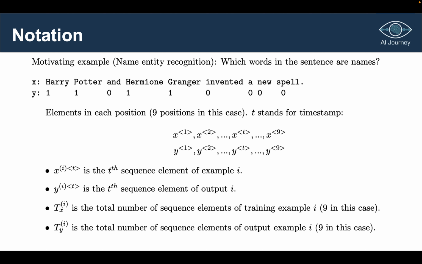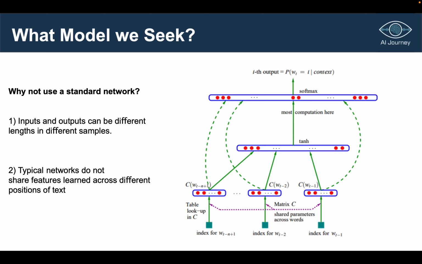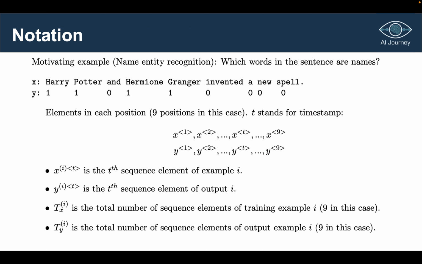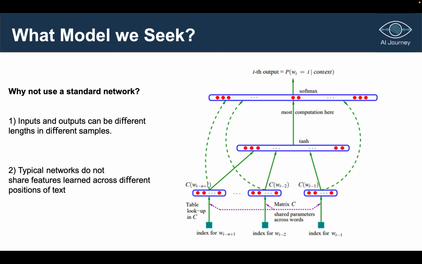And for each input vector, we're gonna have a corresponding output vector, which is the label, a y vector with the same length as the x vector, holding a 1 whenever we have a name in that position, and a 0 whenever we have a non-name entity. Okay, and we're gonna try to process this sequence in some neural network. But what model do we seek?